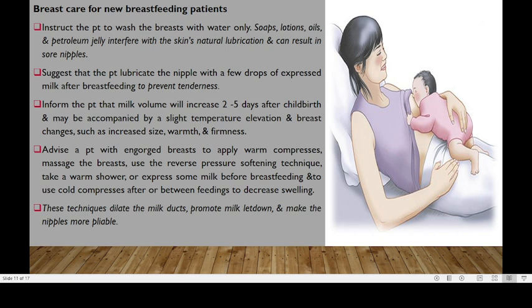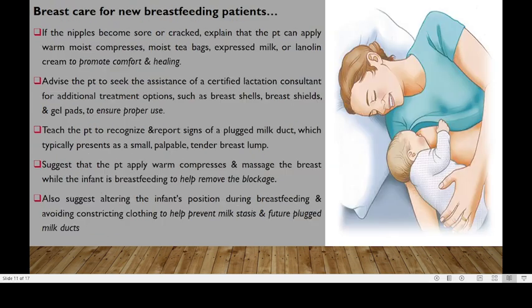You also advise the mother with engorged breasts to apply warm compresses, massage the breast, use the reverse pressure softening technique, take a warm towel shower, or express some milk before breastfeeding, and to use cold compresses after or between feedings to decrease swelling. These techniques dilate the blood ducts, promote milk letdown, and make the nipples more pliable.